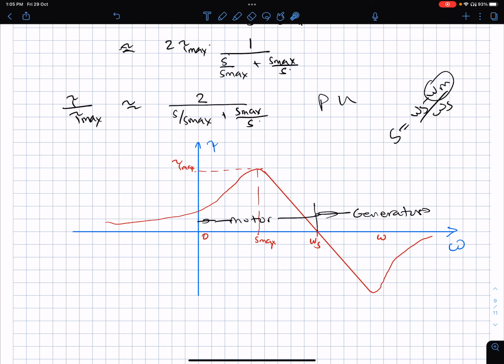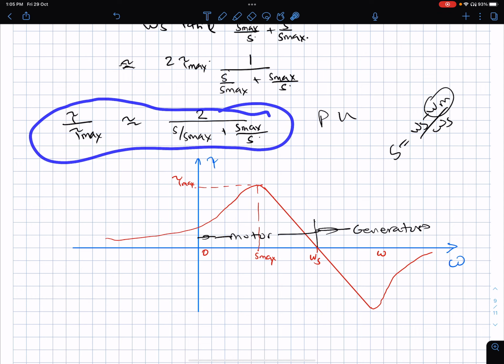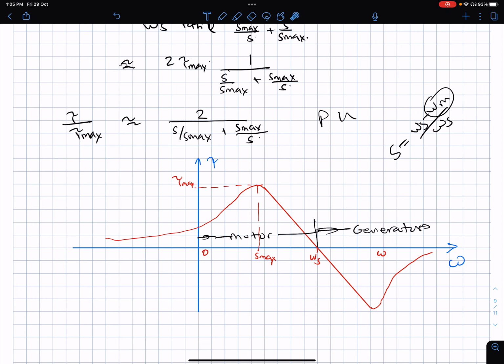Then again it works like a brake. This expression will tell you how; I leave it to you to think a bit more carefully about it, but you can even create a regenerative braking action out of this. So I think with this we will take a break here now. Thank you.